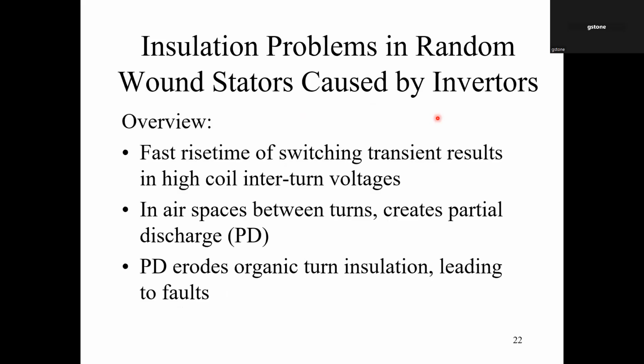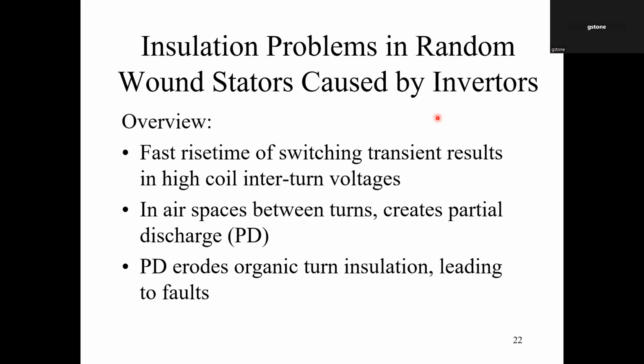Okay, so I'm now going to create a bit of a story here. The overview is, when we have those short rise time impulses, they have high frequency components that result in very high voltages between the turns in any individual coil in that rotor or stator winding. If there are air spaces between these turns, you could have partial discharges.